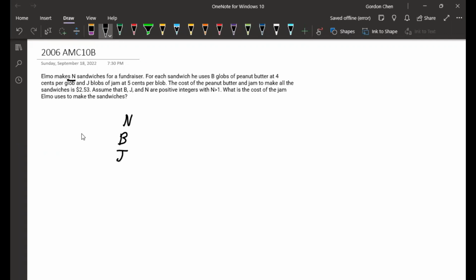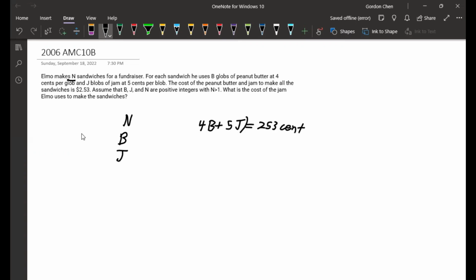The cost of peanut butter and jam to make the sandwiches is 2.53. We can just say that's 253 cents. So we have 4 cents per glob of peanut butter. There's a total of B globs, and then they're all 4 cents each, and then 5 cents each the jam, and that totals up to be 253 cents.